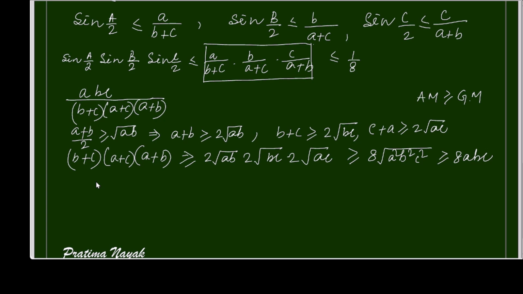So the denominator is greater than or equal to 8ABC, and in ABC over (B plus C)(A plus C)(A plus B), the denominator is greater than or equal to 8ABC, and certainly it will take the equality sign.